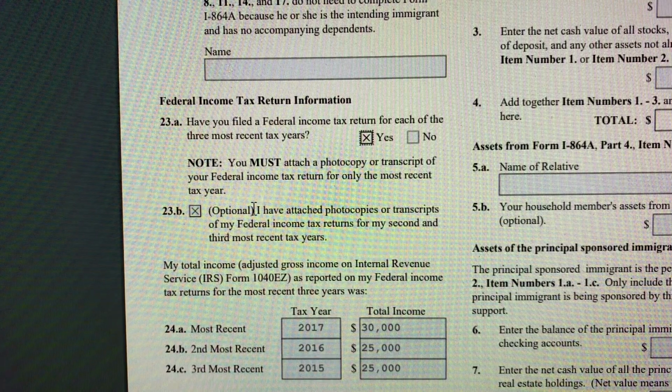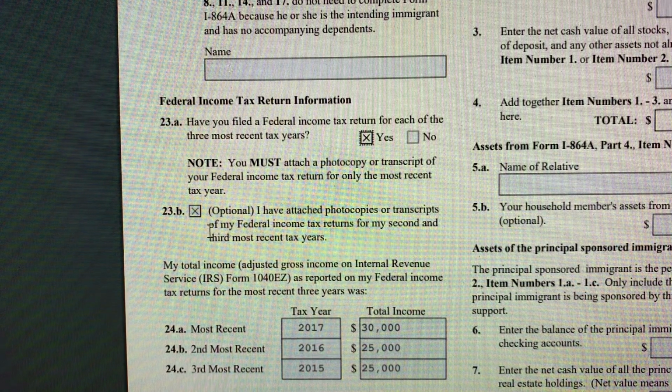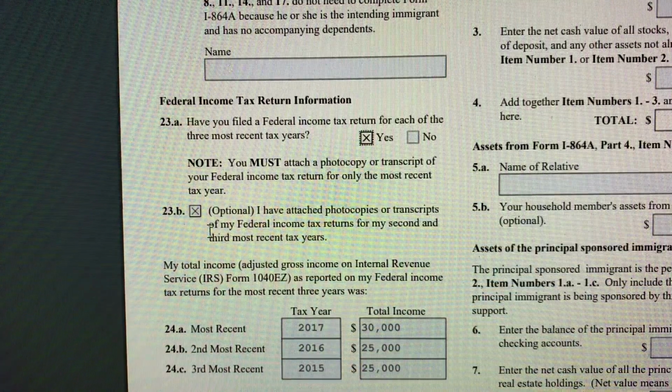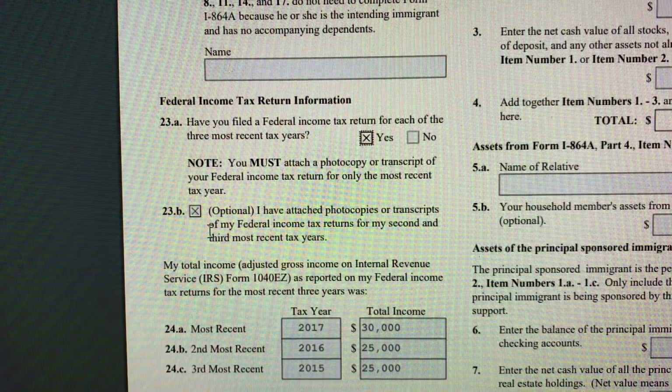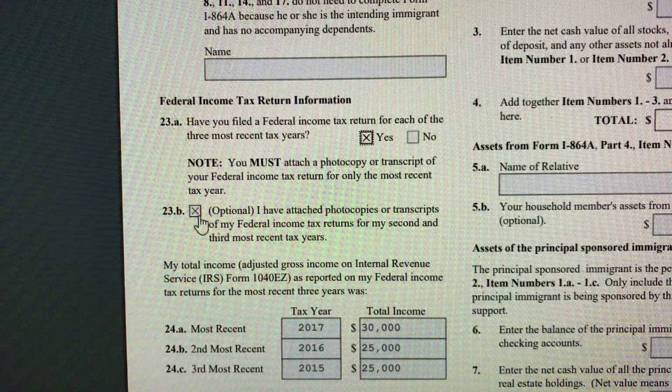Easy note, you must attach a photocopy or transcript of your federal income tax return for only the most recent tax year. Yep, 23B optional. I have attached photocopies of transcripts of my federal income tax returns for my second and third most recent years. So yeah, guys, this is very optional.